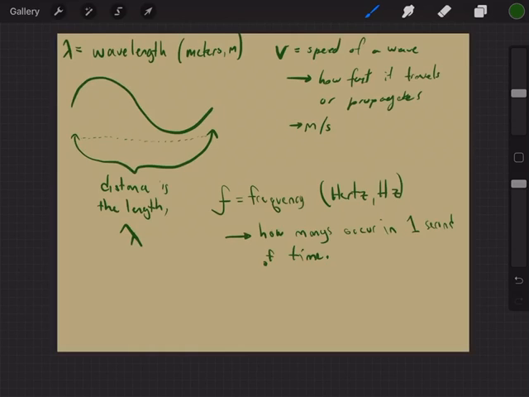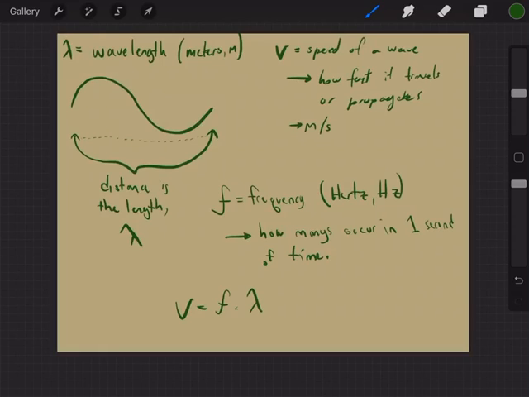It's usually 1, 2, maybe 3 or 5. But for sound, they can get into the hundreds, and for light, into the thousands and millions even. So this number can get really big the smaller and faster the wave travels. So those are the 3 components that make up our equation v equals f times lambda.